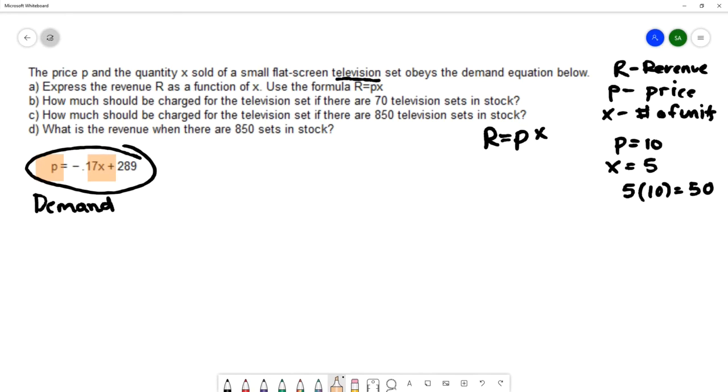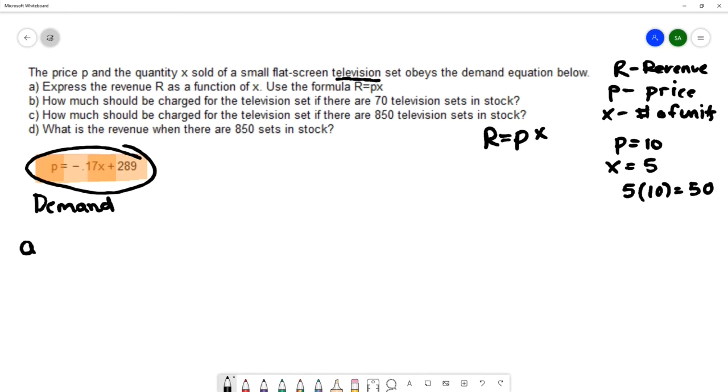So the demand, how many you sell, and the price are related to each other. And someone has come up with this for this situation, that the demand equation is this for television sets related to the price. So we're going to use this demand equation when we're doing part A.